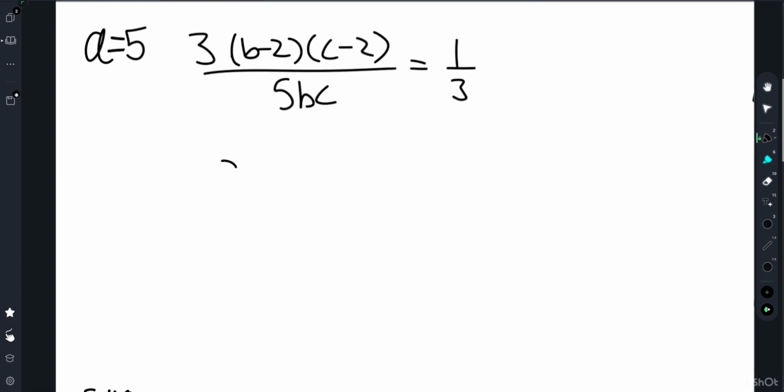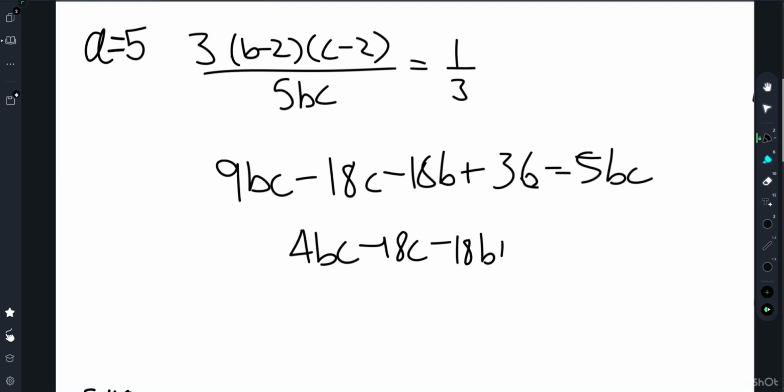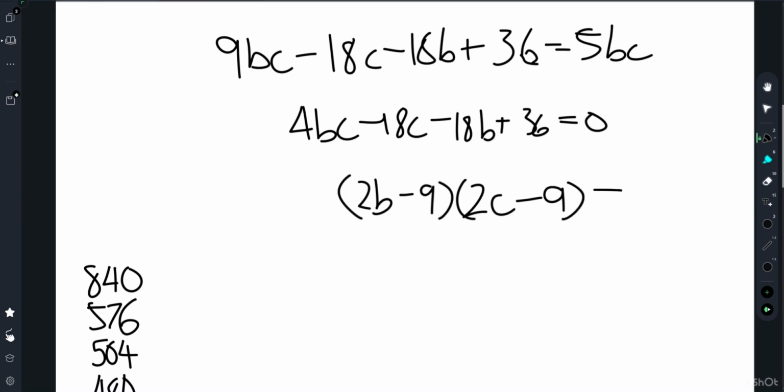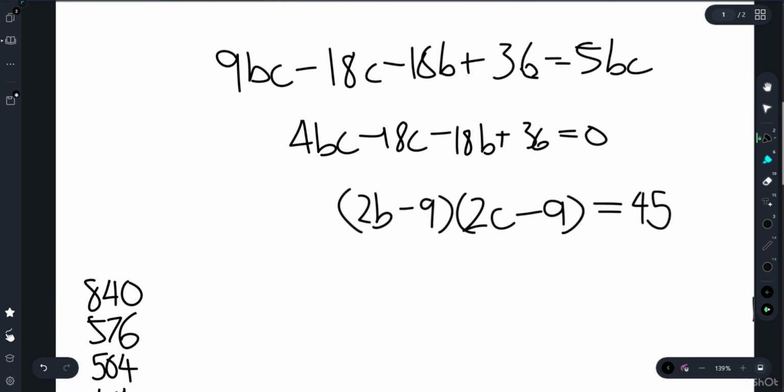Now let's cross multiply. 9BC minus 18C minus 18B plus 36 is equal to 5BC. So 4BC minus 18C minus 18B plus 36 is equal to 0. (2B minus 9)(2C minus 9) is all equal to 45, because you add 45 on both sides. And so what does this give us?